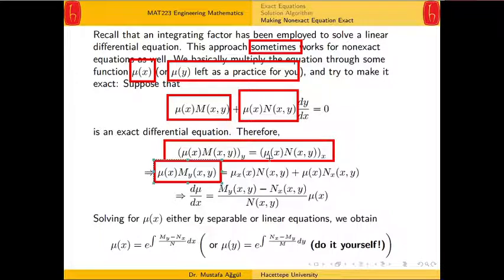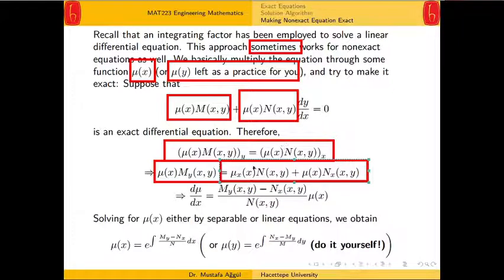This is a product, so we need to apply the product rule. This gives the x derivative of mu times N itself plus mu of x times the x derivative of N.